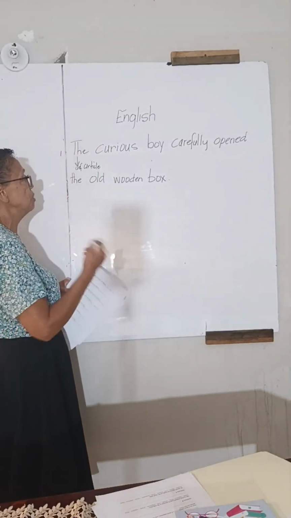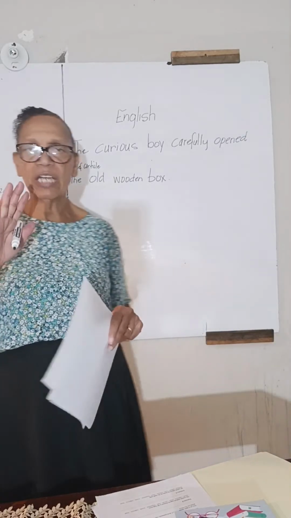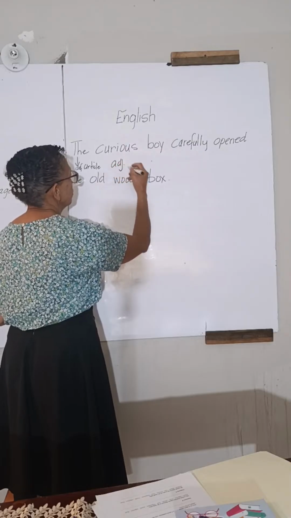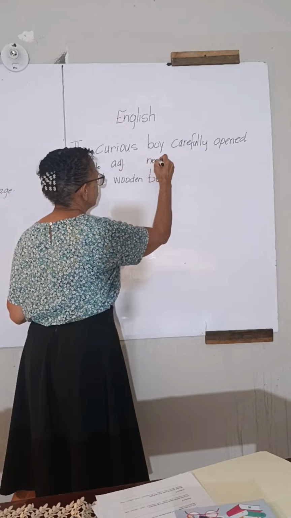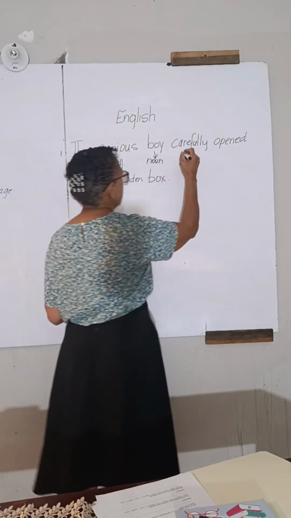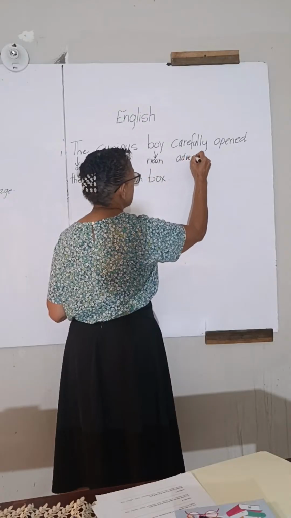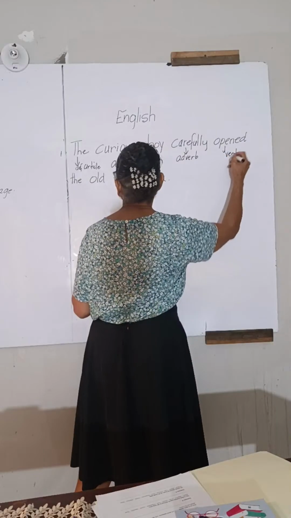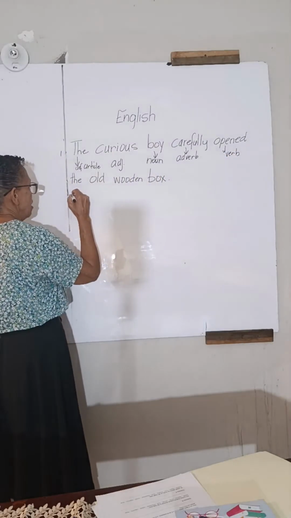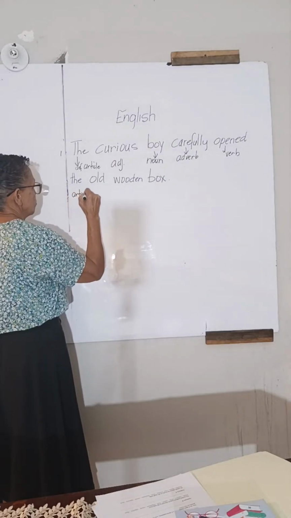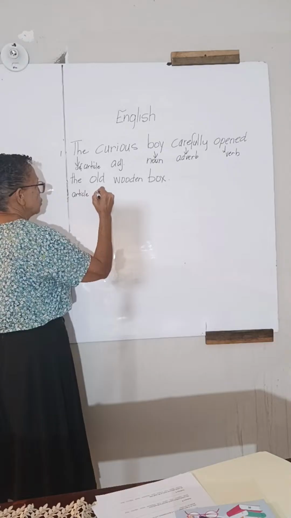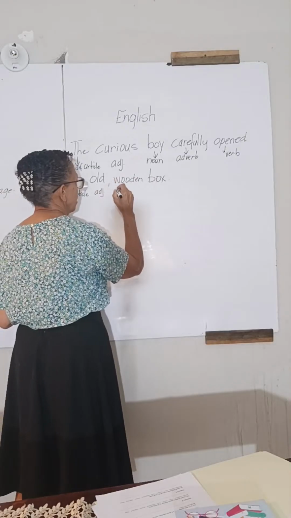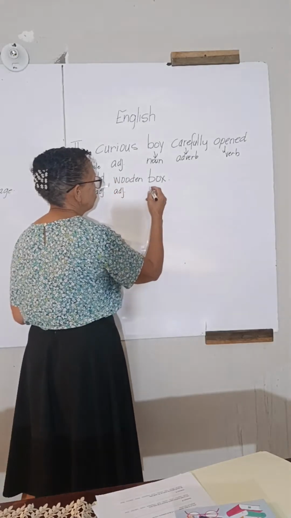If you only say the part of speech, and they just give you the sentence and say you're to identify, the curious here will be adjective. Boy, noun. Carefully, and this is adverb. Open, verb. The, and this is another article again. Old, adjective, and this is wooden, another adjective, and this box, this is noun.